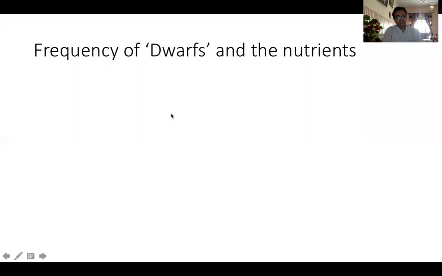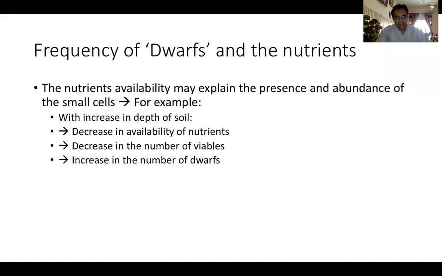So the frequency of dwarfs and the nutrients are very much related. I can give you two scenarios as an example. First is nutrient availability and its relationship with the abundance of small cells.